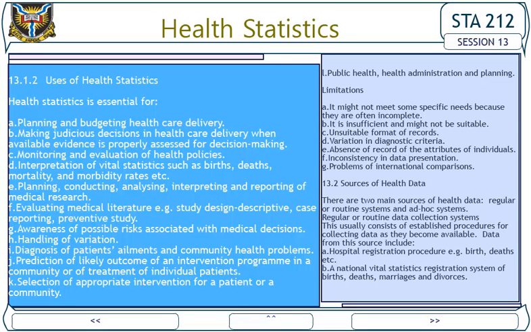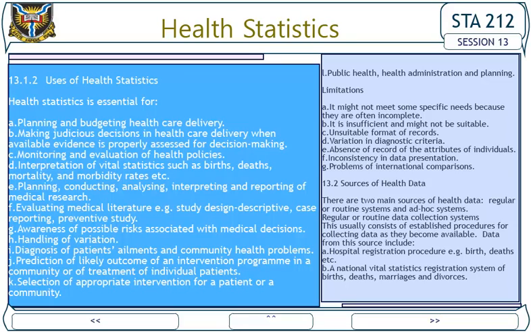Uses of health statistics. Health statistics is essential for A. Planning and budgeting health care delivery. B. Making judicious decisions in health care delivery when available evidence is properly assessed for decision making. C. Monitoring and evaluation of health policies.